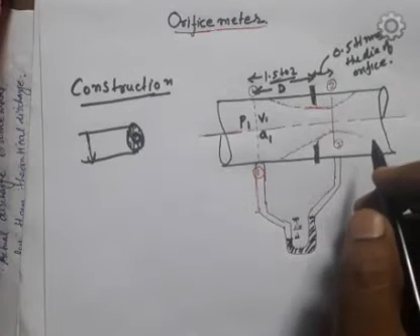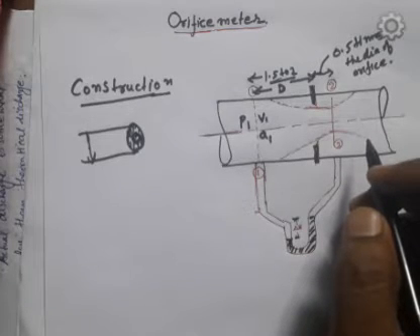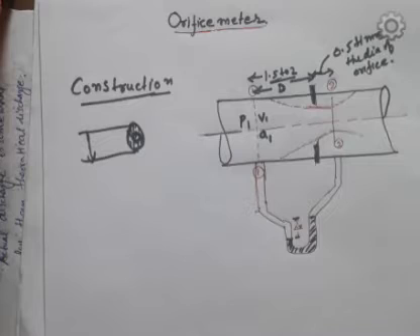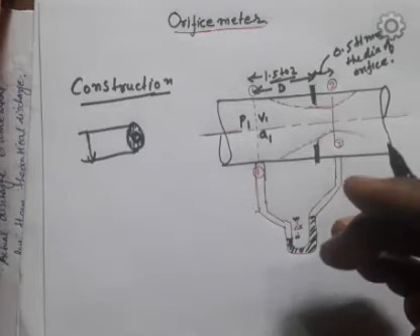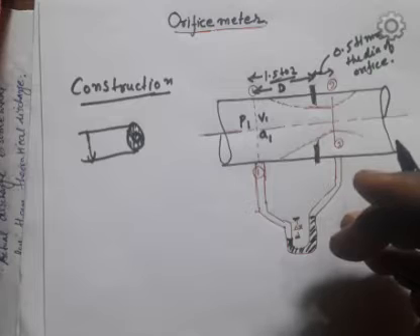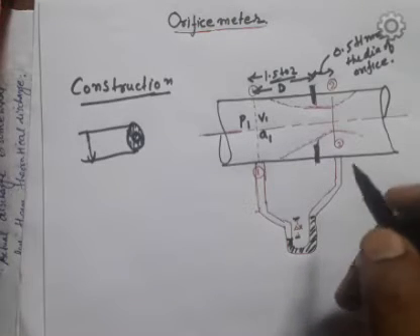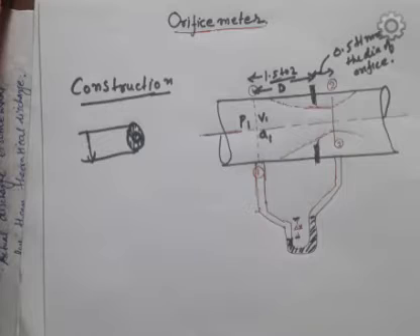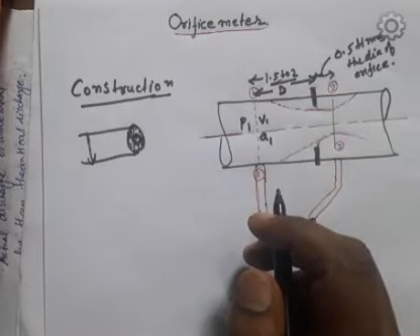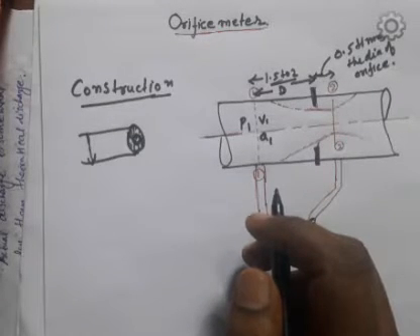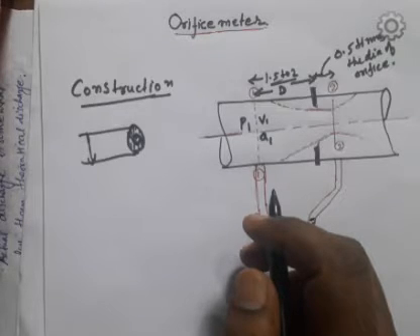And at section 2 the velocity is V2 and pressure is P2. So we can apply the Bernoulli equation.